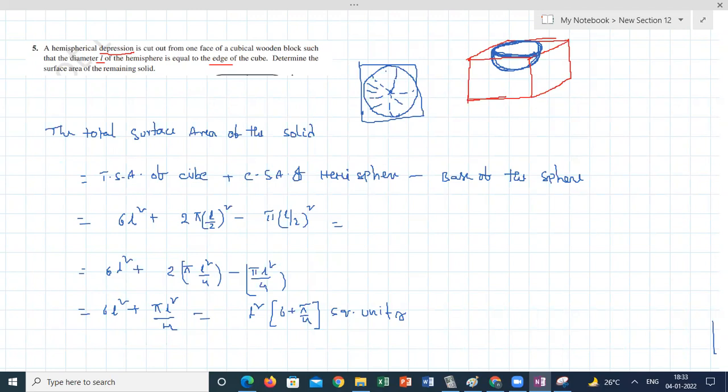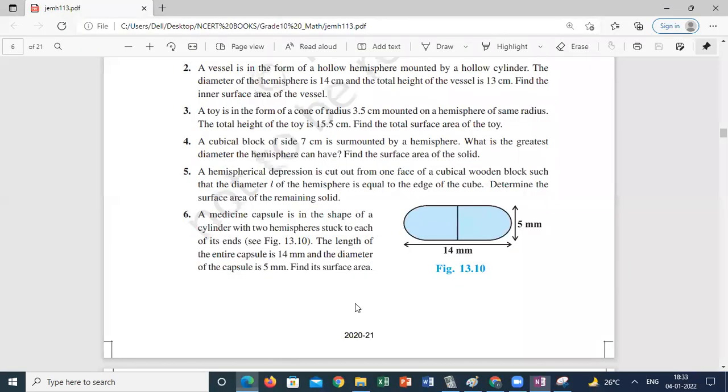Done, students? Yes, sir. So the next question I will show on the screen. Please try yourself, because they gave the diagram itself. A medicine capsule is in the shape of a cylinder with 2 hemispheres stuck to each of its ends, as shown in the figure. The length of the entire capsule is 14 mm and the diameter of the capsule is 5 mm. Find the surface area.